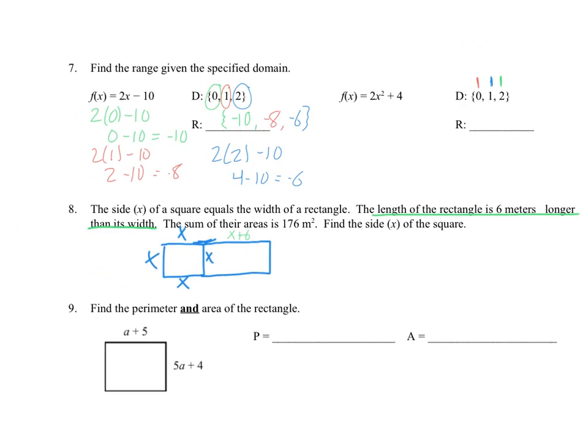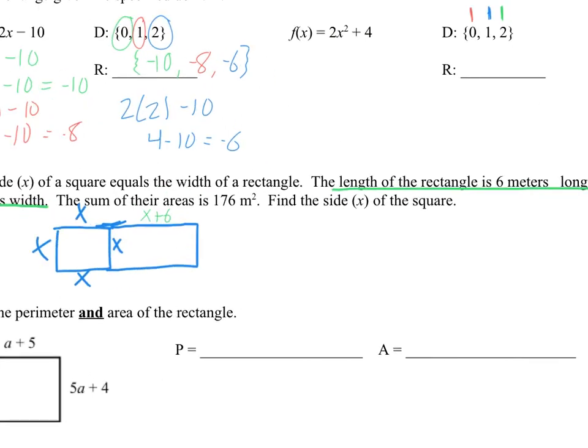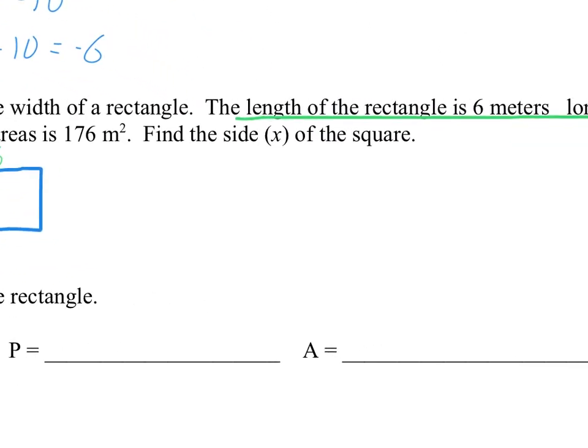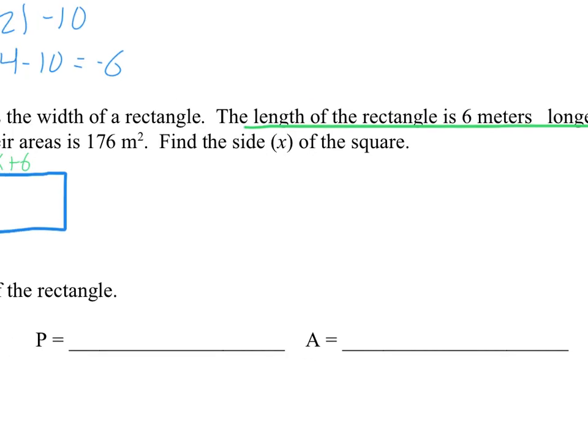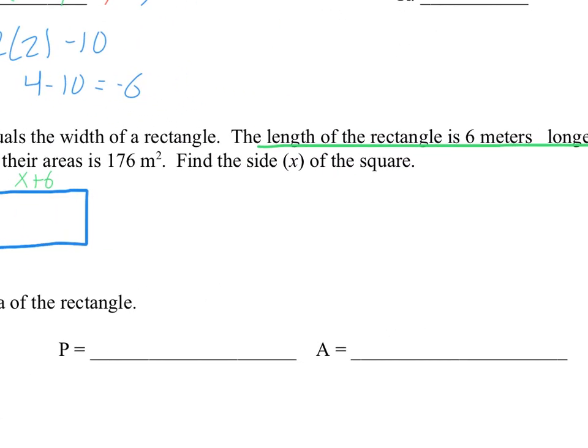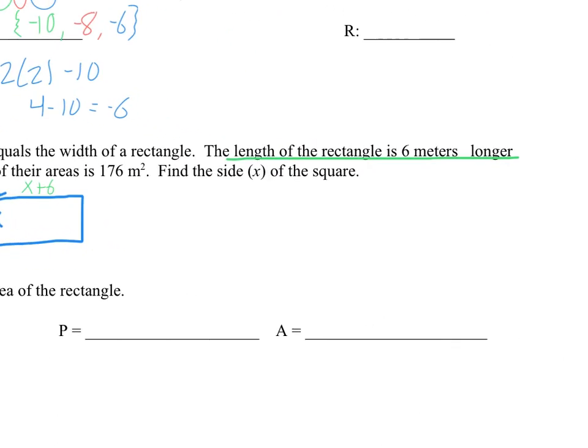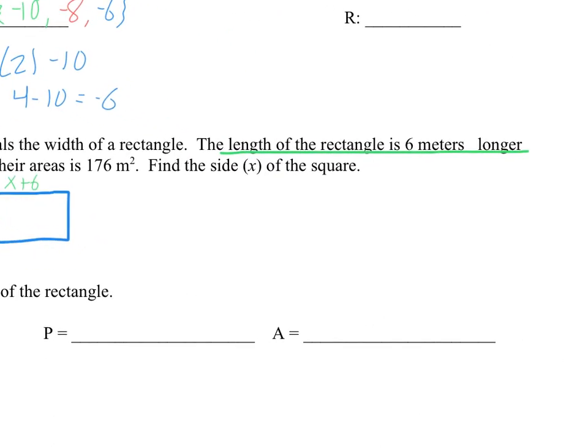So then it's just a game, right? The sum of their areas, the sum, meaning when I add up those two areas, it's going to equal 176. So the sum, I should have probably written those in. It's okay. So the square, I'm going to write in red. So the square's area is just going to be x squared, right?